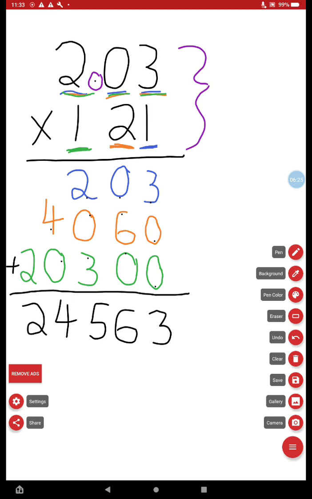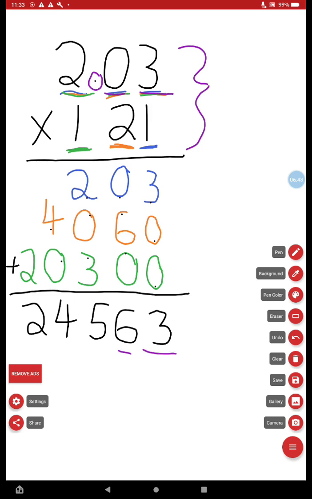How many numbers in 2 and 3 hundredths are to the right of the decimal point? Let's count them up. 1, 2. Since there's 2 numbers to the right of the decimal point, that means in my answer, I need to have 2 numbers to the right of the decimal point. 1, 2.